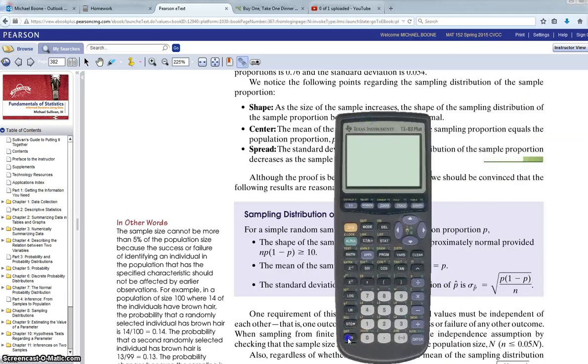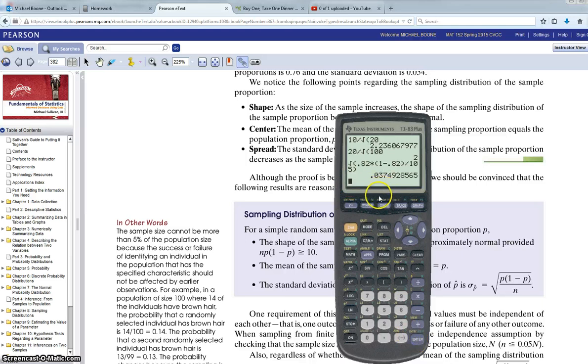So, if I remember correctly, it was the square root of 0.82 times 1 minus 0.82, and then I'm going to divide that by my sample size of 105. So that should close everything out. So my p times 1 minus p divided by my sample size of 105.